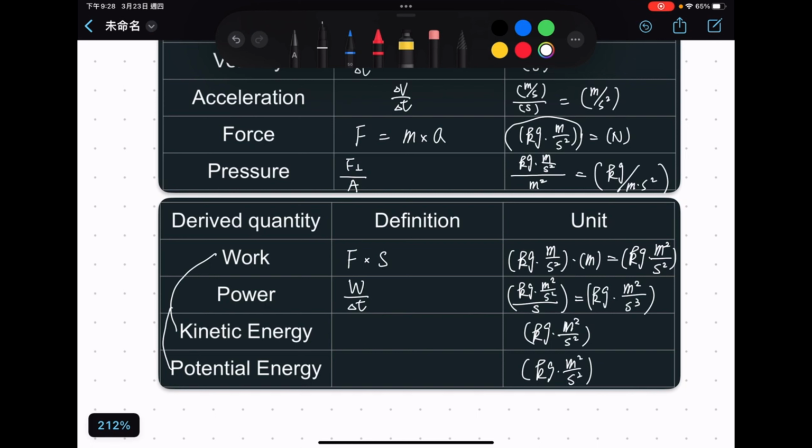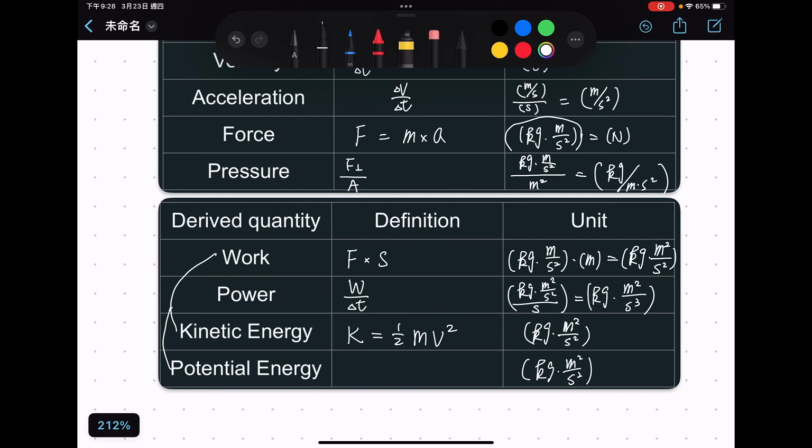But let's review the definitions. The kinetic energy is half mass times velocity squared, and the potential energy is related to the work done by the gravitational force.